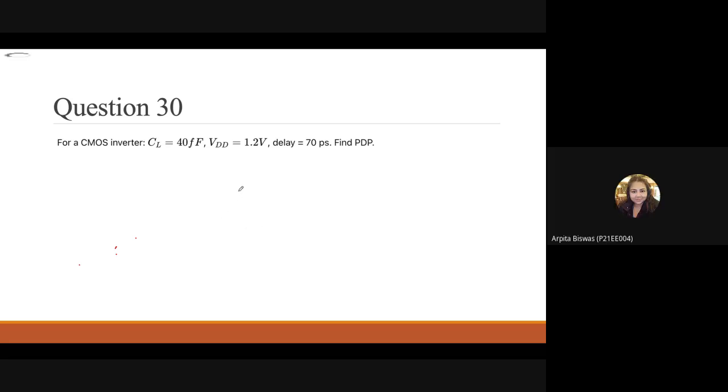So tell me how to calculate this PDP? What is the formula here? The PDP is P average into delay, ma'am. Okay, so you can also directly find it by half of CL into VDD square.